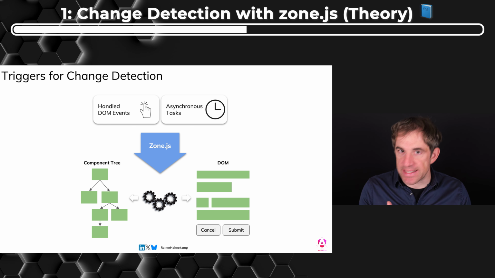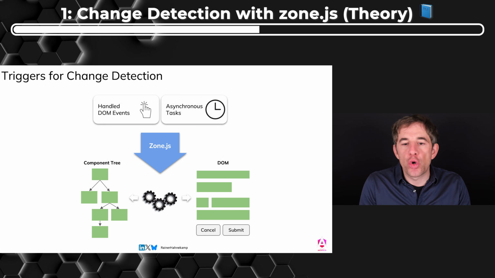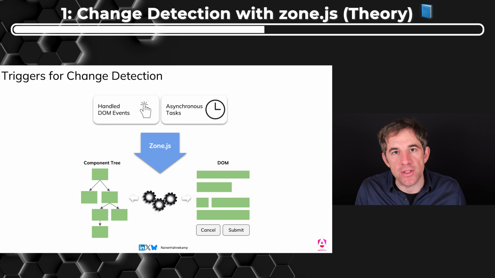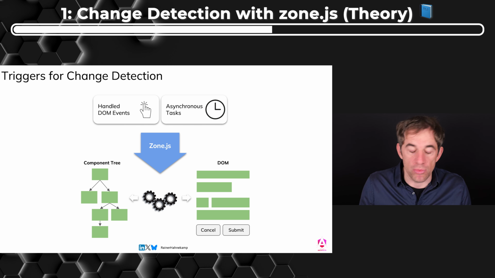And in a way that makes sense, because when you think about it, you have to say, okay, what kind of events or what criteria could there be in an application where something changes in a component? Well, only if our users are doing something, so I click on a button or type something into an input field, obviously.